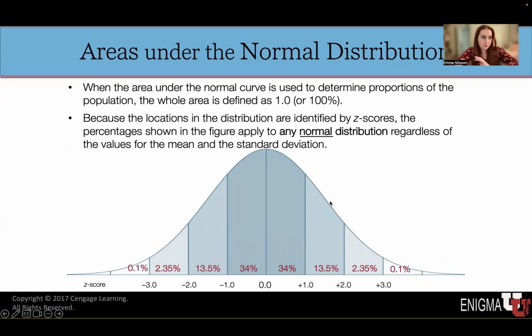So what this means is, for example, if your score on a test translated to a z-score of 1, so if you were right here, or if you were one standard deviation above any mean on any normal distribution, that means that you scored better than 83.95% of the population. All of the rest of these percentages added up. And that's going to be consistent on any normal distribution, whether or not it's been converted to a z-score, which is really, really cool. We'll come back to this image later on, but I want to discuss one more topic before we move on.